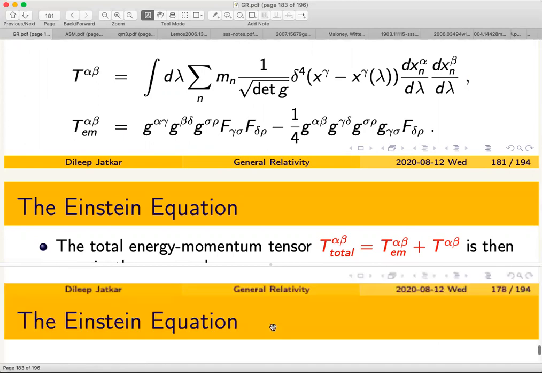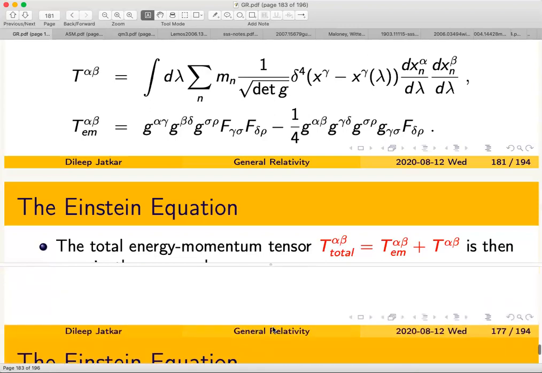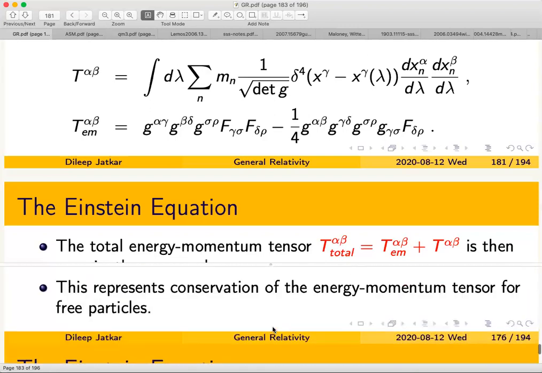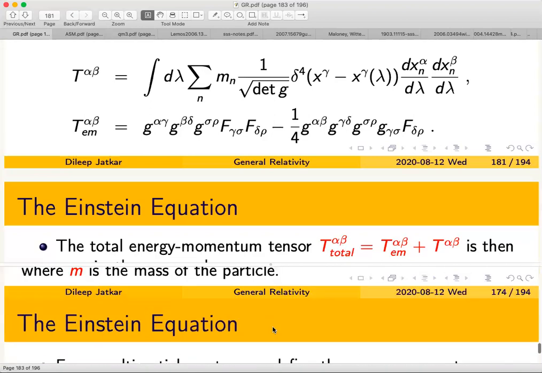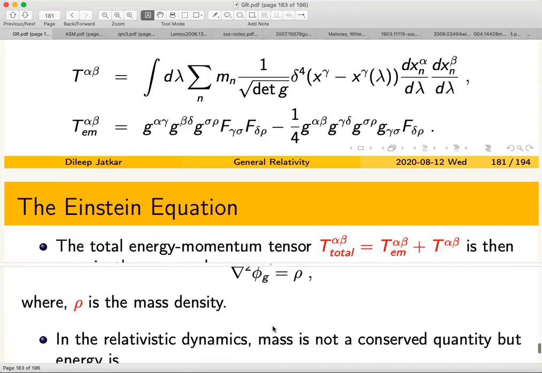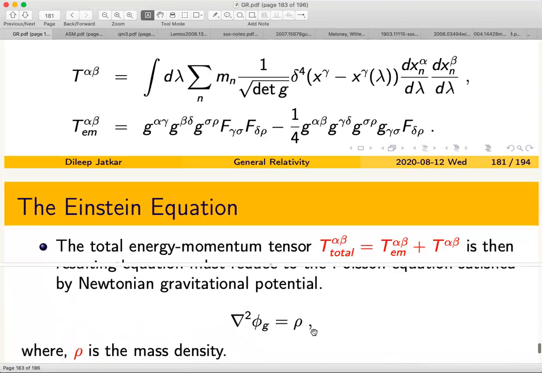We'll have to go back to Newton's law, the Laplacian acting on the gravitational potential, where we have converted rho to a second rank symmetric tensor. We want to ask how we settle the left hand side such that it is also a second rank symmetric tensor. That is what we will do in the next class. Any questions?